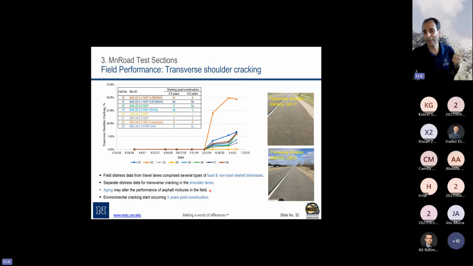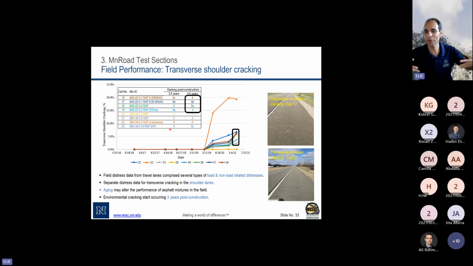The first point I want to make is that if we look at 3.5 years and compare the mixes, you can see how the mixes rank. But if we look at them after 4.5 years, a year later, the ranking changed. So a very important lesson is that you need to know when to compare your lab data to the field data.